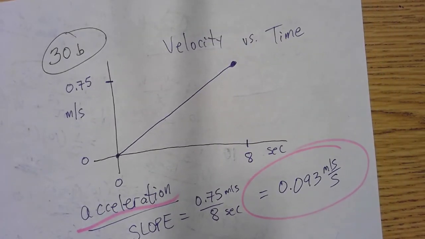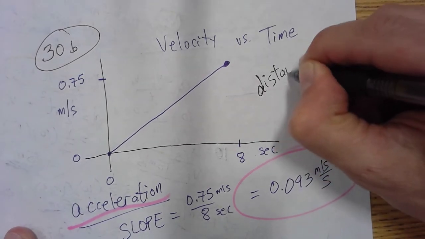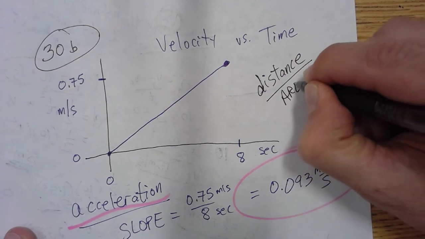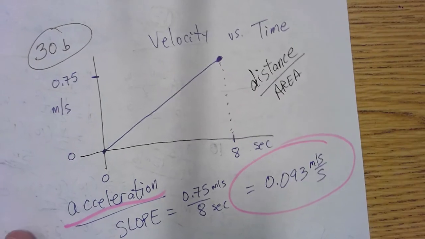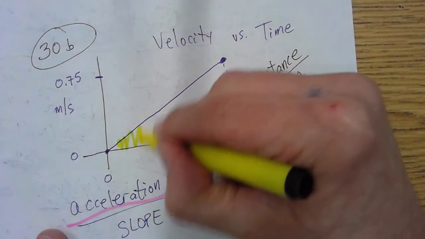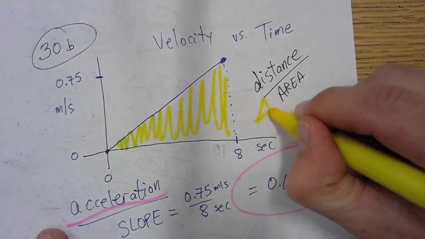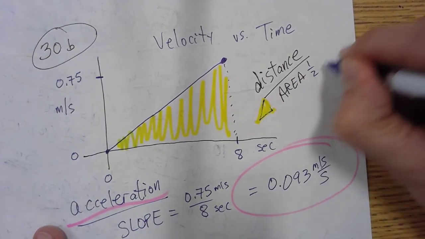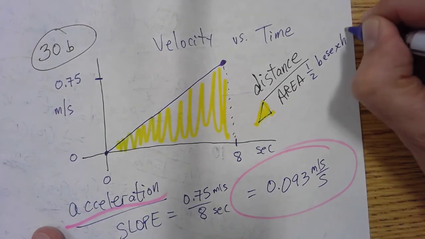Now the other question was figure out where. Figure out that distance. That's our area. We can do that. So we got a nice little triangle there. Area of the triangle is half base times height.